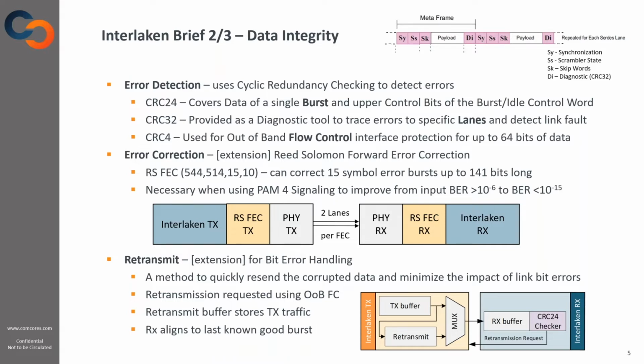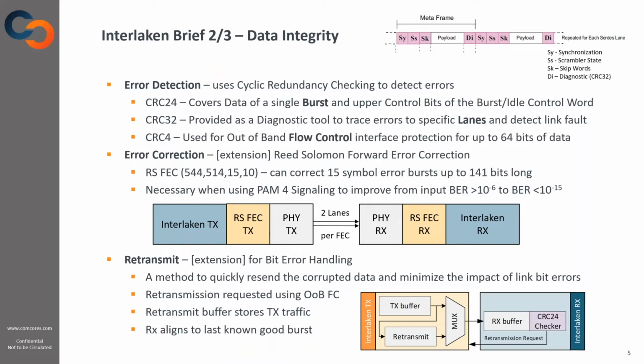So we have mechanisms for error detection, and we have a CRC24 which covers the data burst, and inside of the burst control or idle control word there's space for a CRC, and the CRC covers the payload plus the control word, or the upper bits of the control word up to the CRC value, without the 67 or the 3-bit headers.